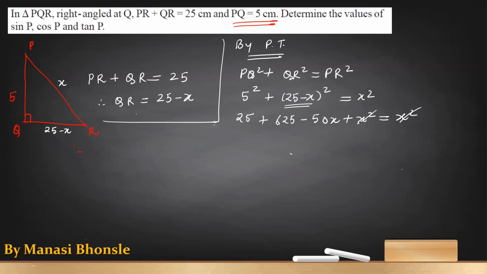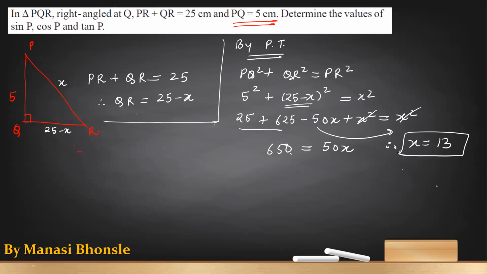So this X square gets cancelled. What do we have? This minus 50X will go over here and this will get added. So 650 is equal to 50X, and therefore X is equal to 13. That is 650 divided by 50.